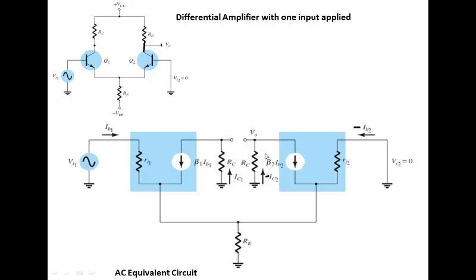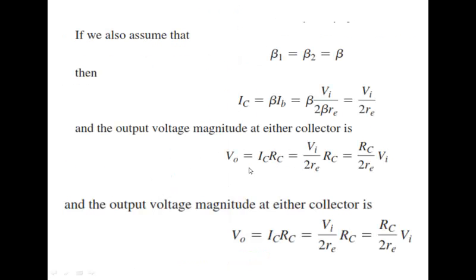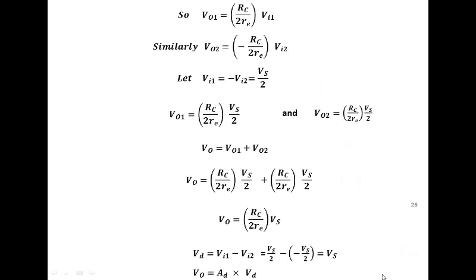So this current is negative, which means the actual current is flowing from top to bottom, so the voltage would be positive and equal to IC into RC. So IC into RC, and IC is equal to VI over 2 RE, into RC. So from here I can compute Vout over Vin, that would be equal to RC over 2 RE. So RC over 2 RE would be the gain of the amplifier.